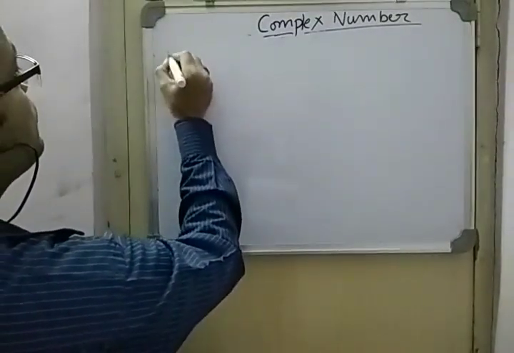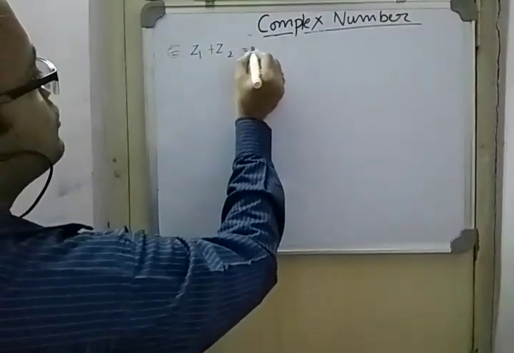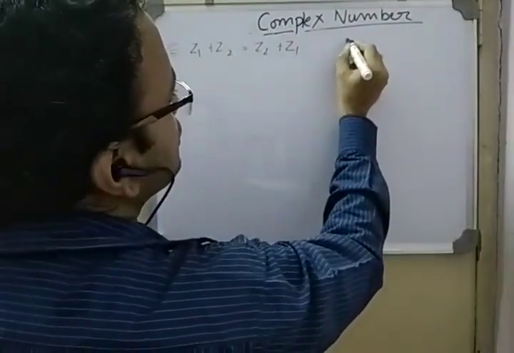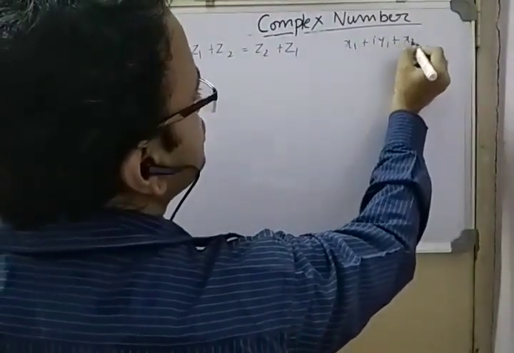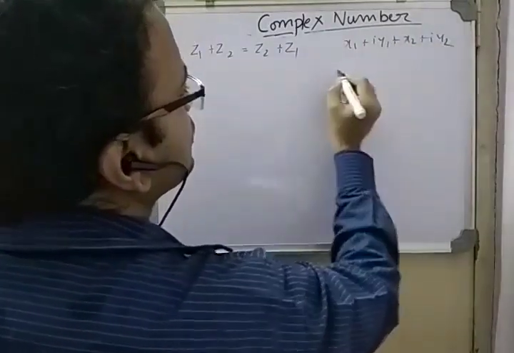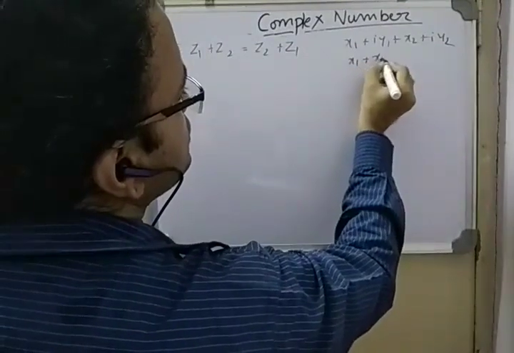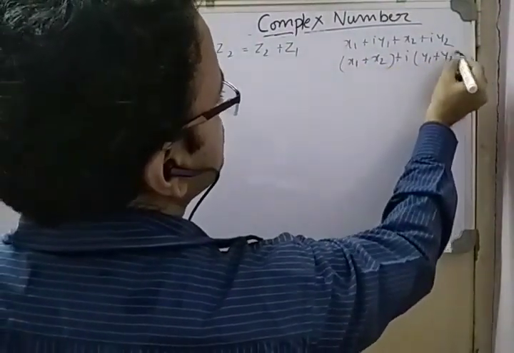Now there are a few more properties. z1 plus z2 equal to z2 plus z1, because z1 is x1 plus iy1, z2 is x2 plus iy2. If you add, z1 plus z2 becomes x1 plus x2 plus i into y1 plus y2.